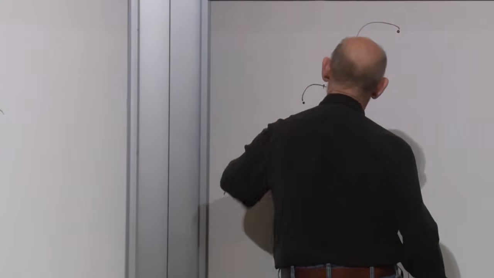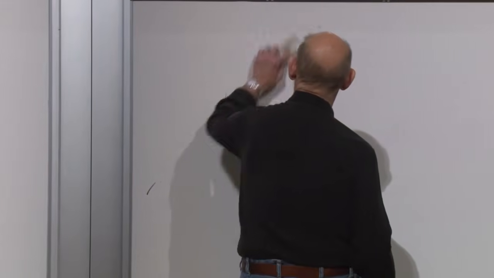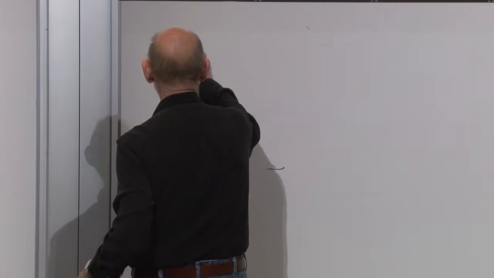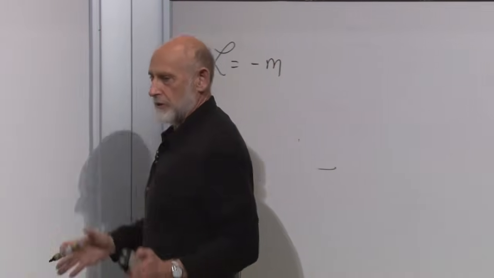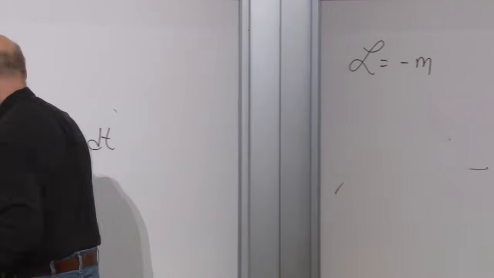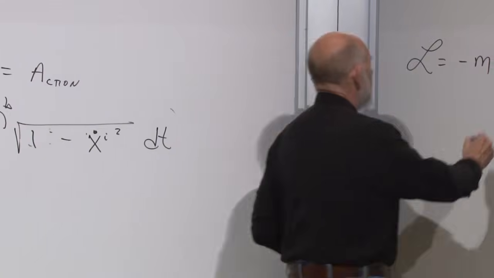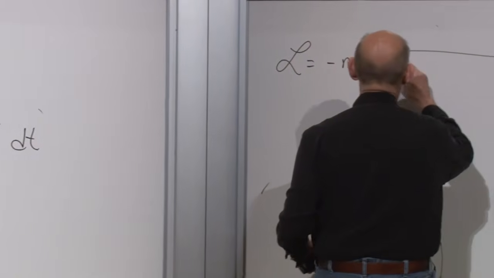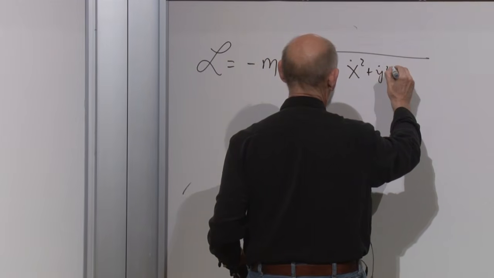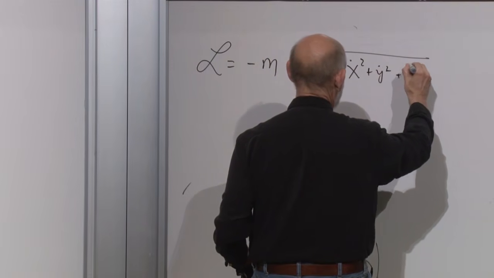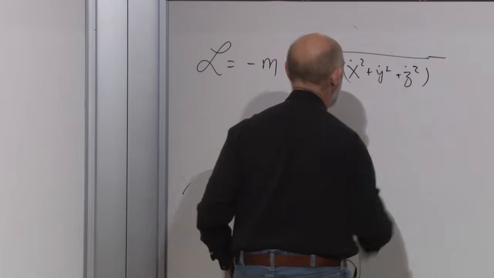Let's write what the Lagrangian is. The Lagrangian is minus m, which I say is a convention, times the square root of 1 minus x dot squared plus y dot squared plus z dot squared.